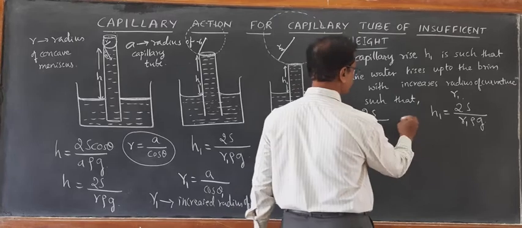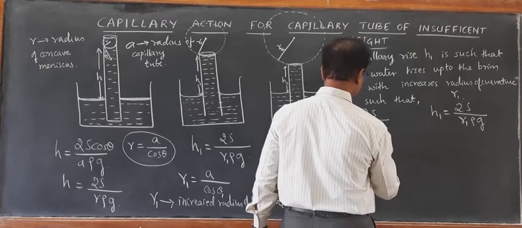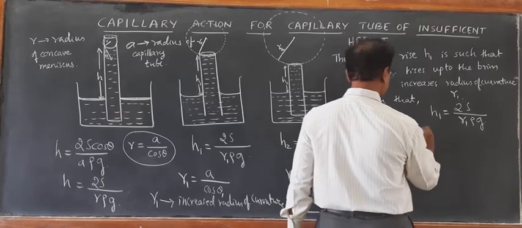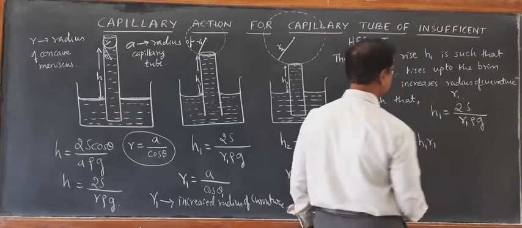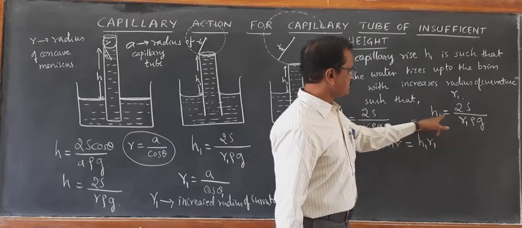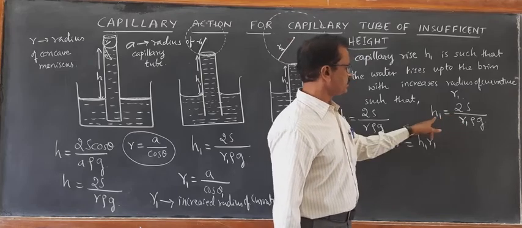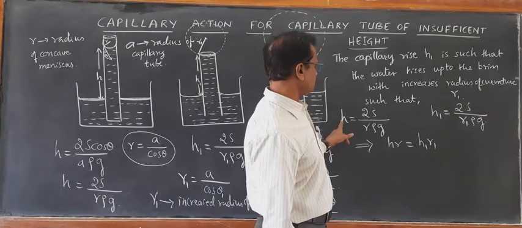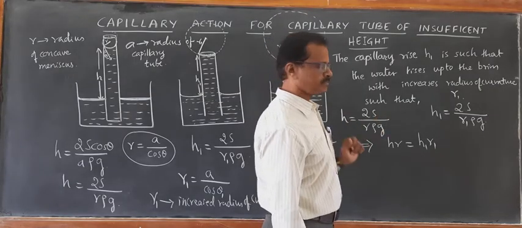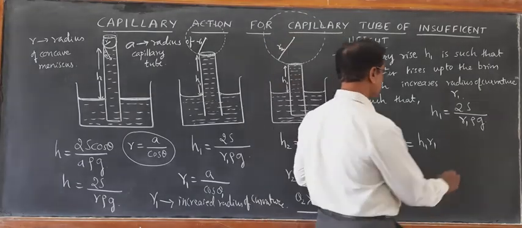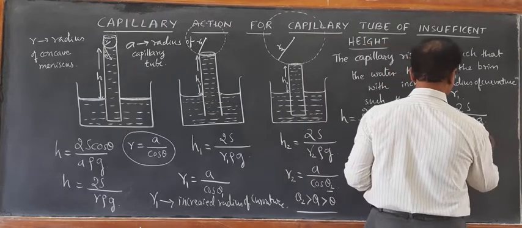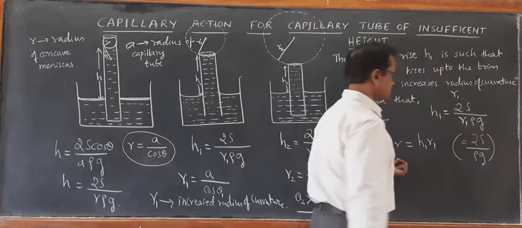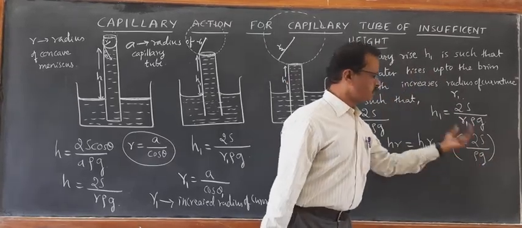So from these two equations, I can write this implies hr is equal to h1 r1, because if you take this to the left hand side, it becomes h1 r1. If you take this one to the left hand side, it becomes hr. So hr is equal to 2s upon rho g, which is equal to 2s upon rho g, remaining constant.